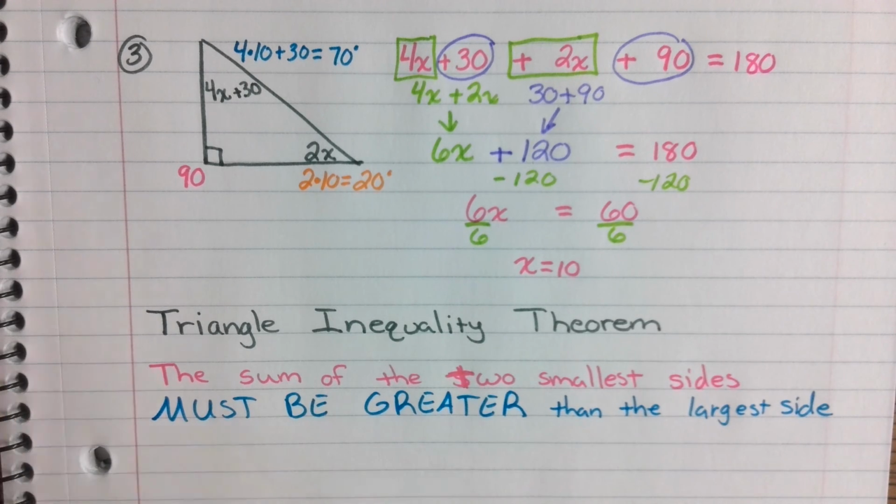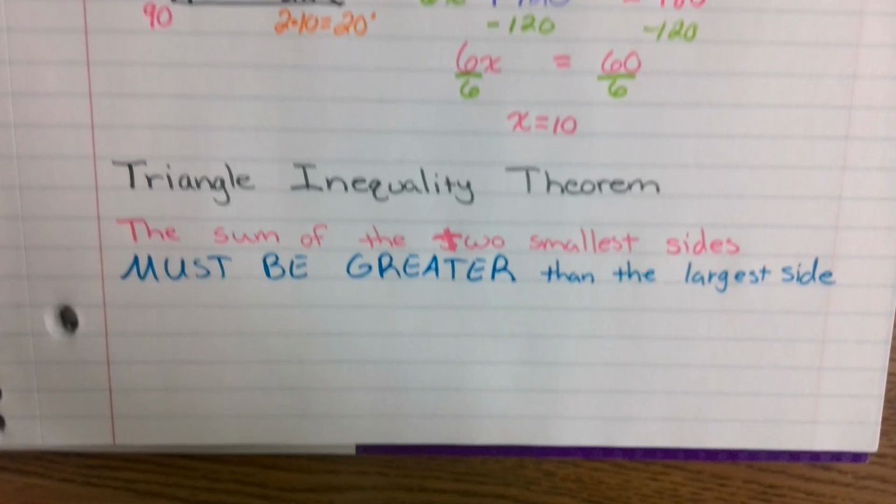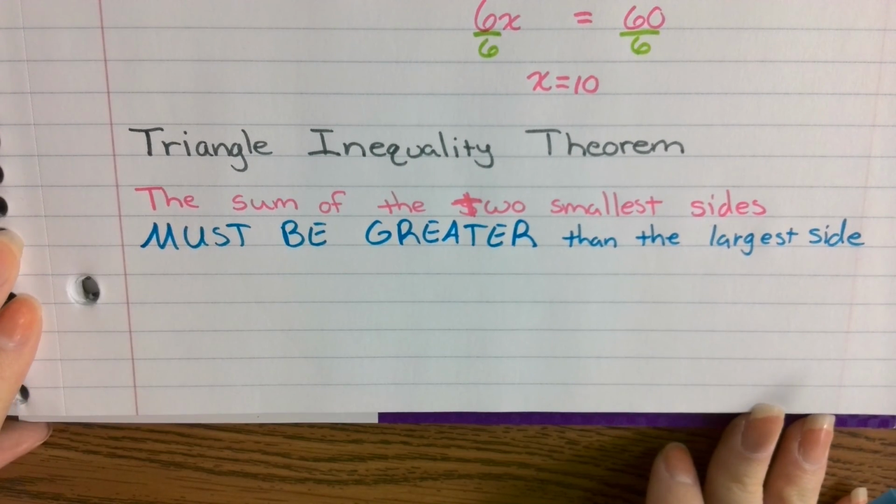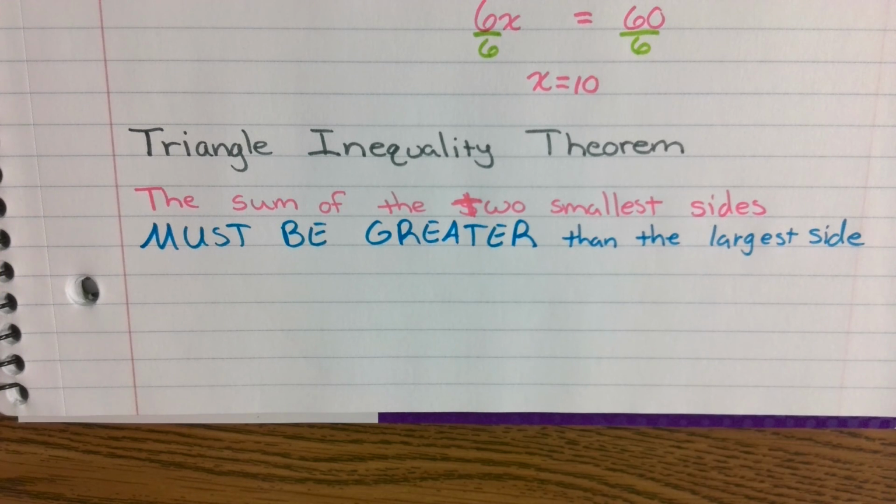So if I add the 2 smallest sides together, the 2 smallest numbers together, that sum that I get needs to be bigger than the largest number, than the largest side.